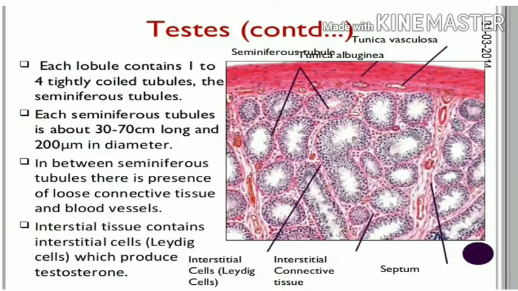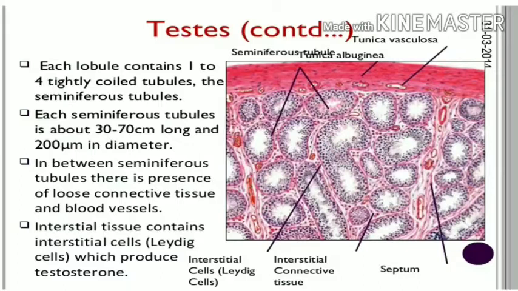Each pyramidal lobule has a number of sections of the seminiferous tubules lying in a stroma of interstitial connective tissue that contains blood vessels and groups of large ovoid or polygonal cells called the Leydig cells or interstitial cells. The cells are endocrine in function and produce testosterone.